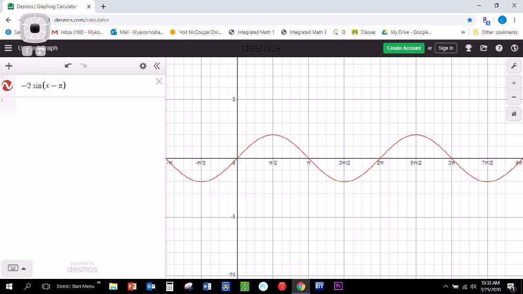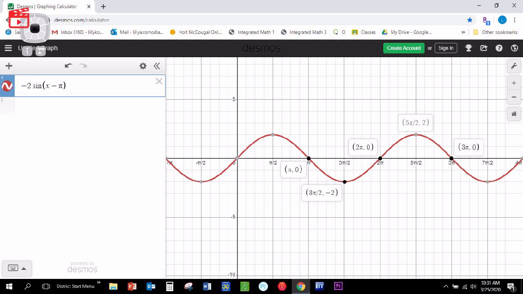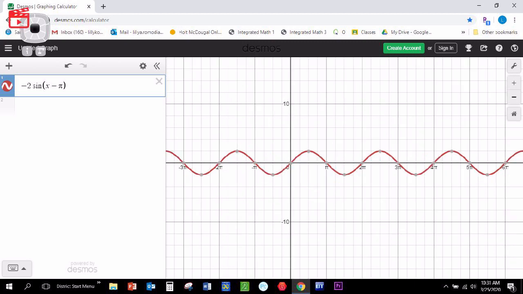No, it does. So we start at pi, so here it is. We have our second point, we have our third point on the midline, we have our reflected point. So all of these values should match what you have. Now notice that it is a continuous function, so it continues all the way throughout.